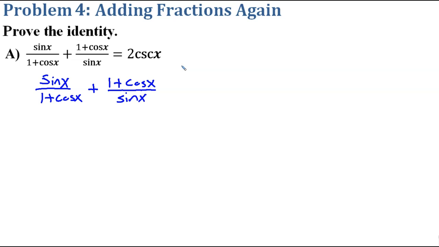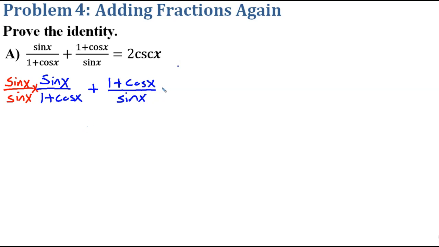Now just like with our simpler fractions, if I want to add these together, I need a common denominator. And that common denominator is going to be made up of a 1 plus cosine x times the sine of x. So I need to give each of these fractions what their denominator is missing. The first fraction doesn't have that sine x on the bottom, so I'm going to multiply top and bottom by sine of x.